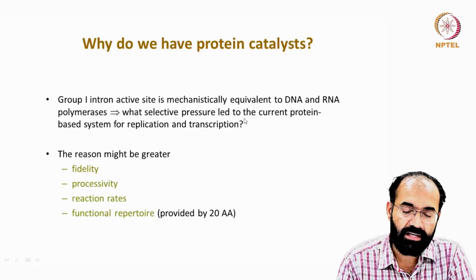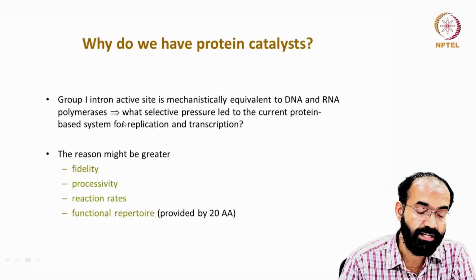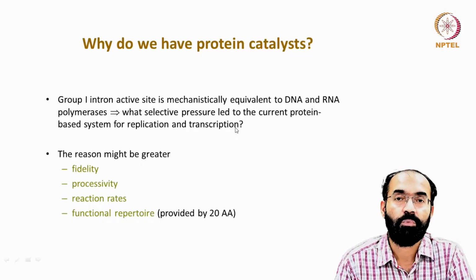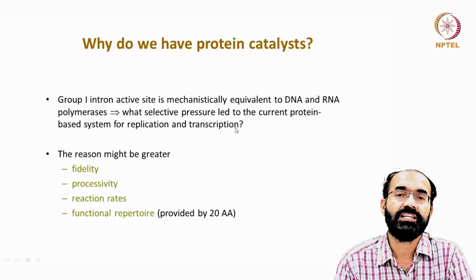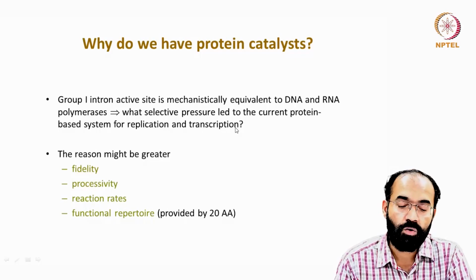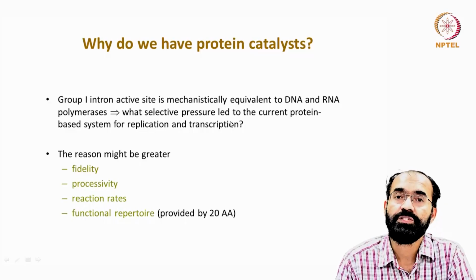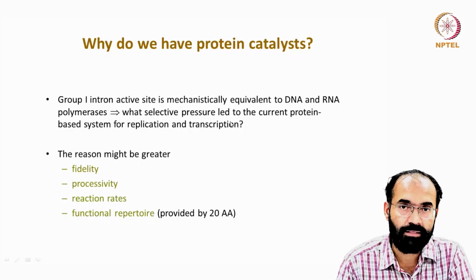What selective pressure led to the current protein-based system for replication and transcription? Because in the modern world, no DNA replication happens without a protein, and no RNA production happens without a protein. That means the job which was done by the ribozyme is now almost completely taken over by the protein enzyme.